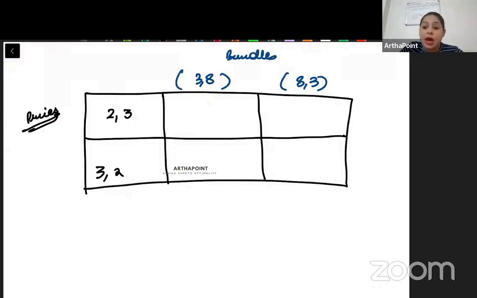Now, I need to find the expenditure that I am going to incur on each bundle. So when my bundle is 3, 8 and my price is 2, 3, what is my expenditure? It is going to be 2 into 3 plus 3 into 8, so 6 plus 24, which is 30.